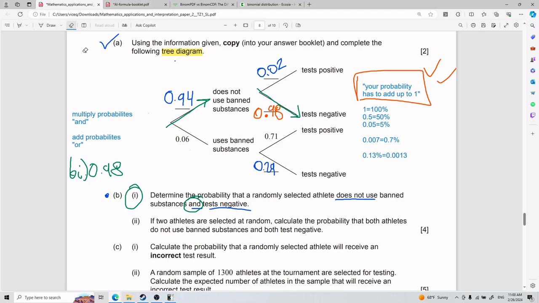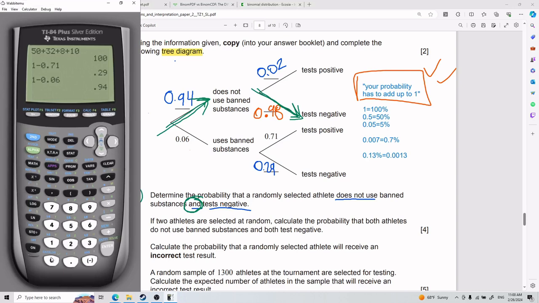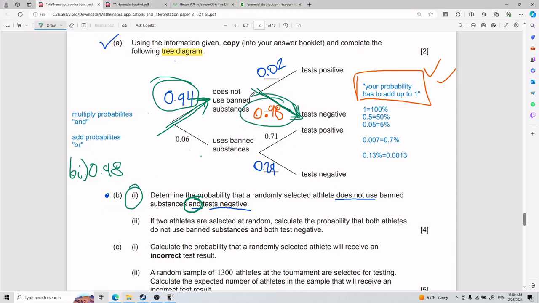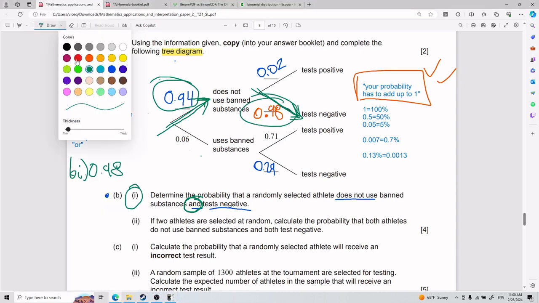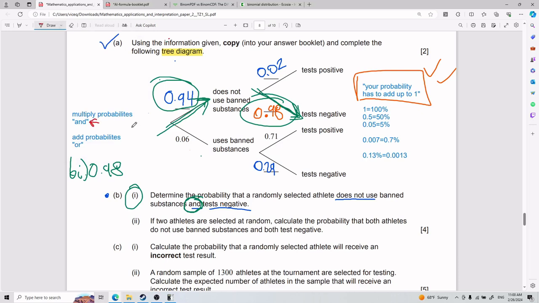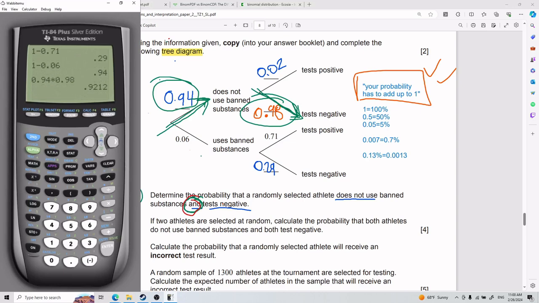No. Because there's an and in between, you have to multiply, okay? It's like you enter this world and you end up here. What's the probability of that? That means you have to do 0.94 times 0.98. Why did that happen? Because whenever you see the word and, you're going to be multiplying, okay? Cool. So you go ahead and do that.